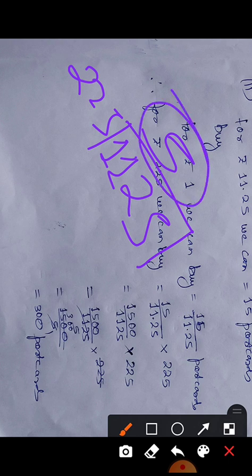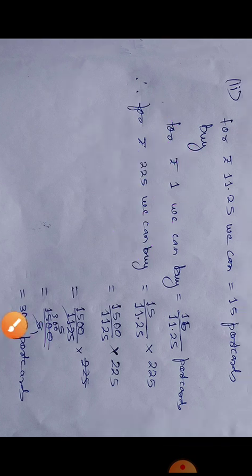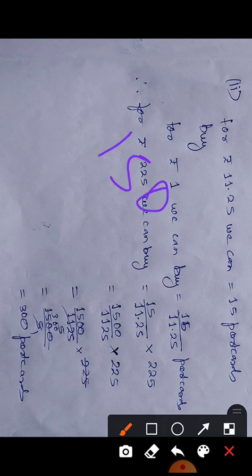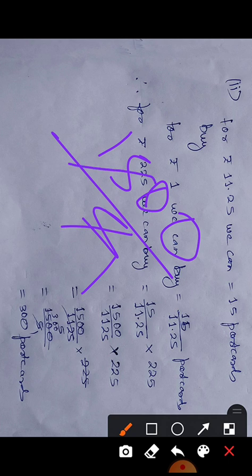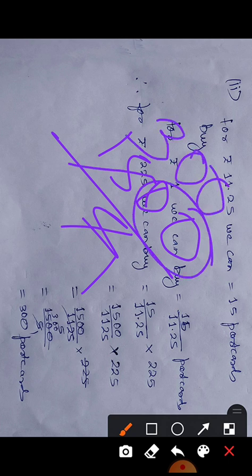If you divide 1125 by 225, your answer will be 5. So that's 1500. The new number that you will obtain will be 1500 divided by 5. Now 5 ones are 5 and 5 threes are 15. Whatever zeros are left, you will have to add. So your final answer will be 300 postcards.